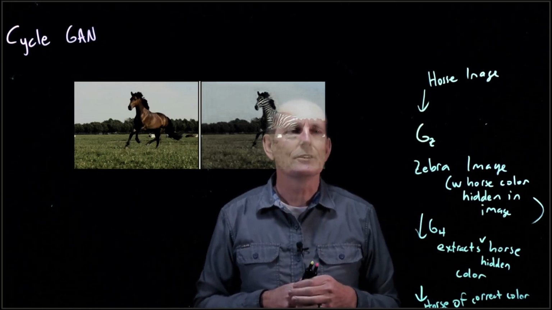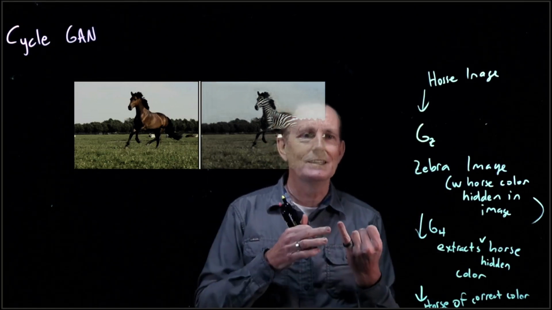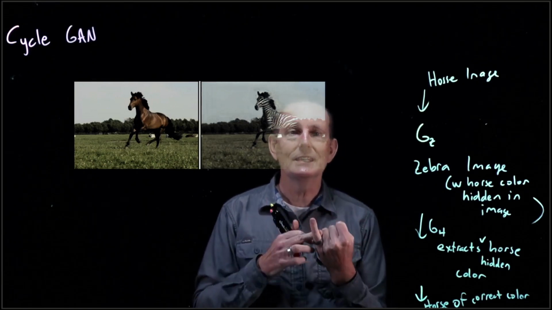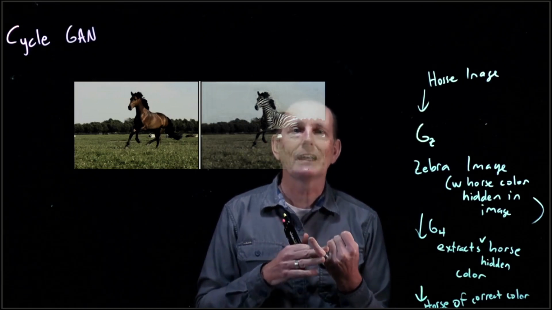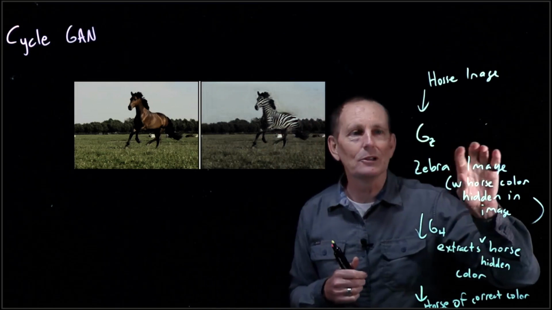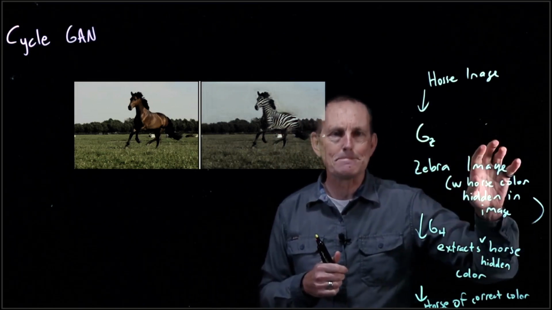And so therefore it would fail. So it's not going to be doing anything to the zebra that might affect how good the discriminator is at being fooled. So it makes the zebra look really zebra realistic.